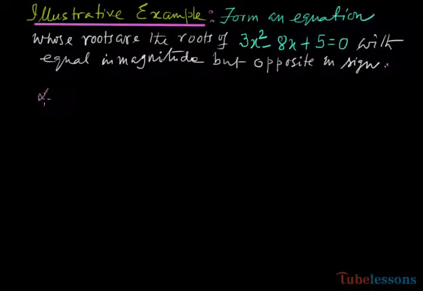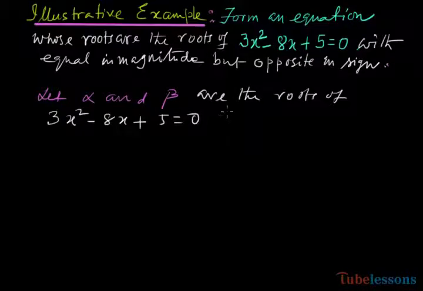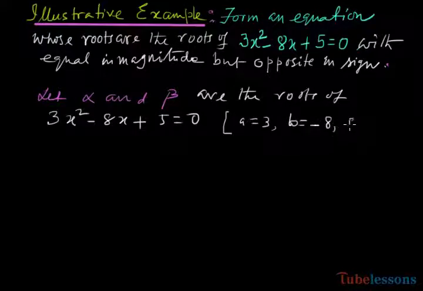So let alpha and beta are the roots of 3x square minus 8x plus 5 equals to 0. So clearly here a is equal to 3, b is equal to minus 8 and c is equal to 5.